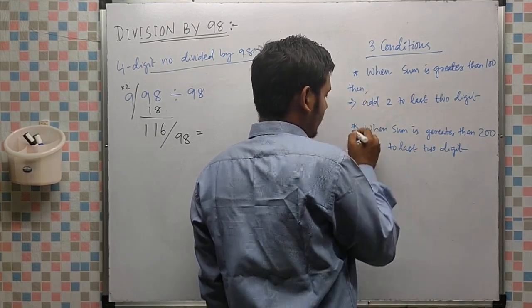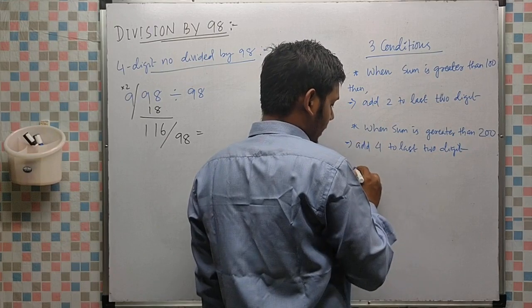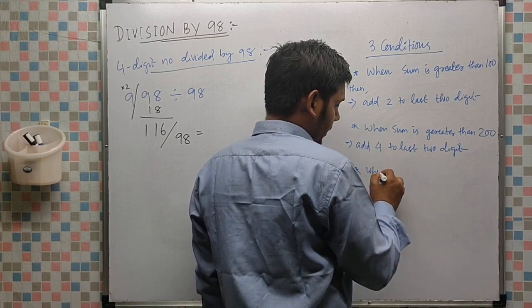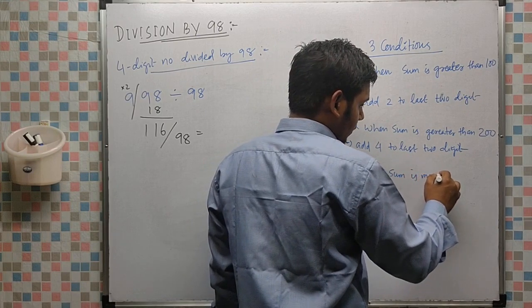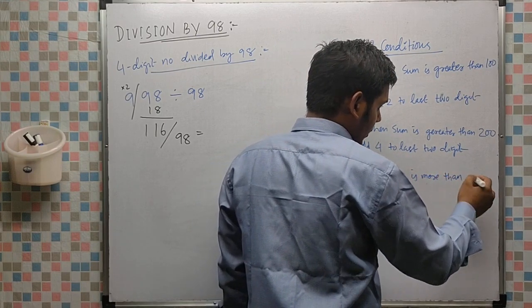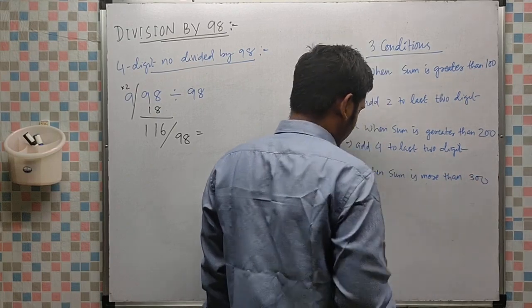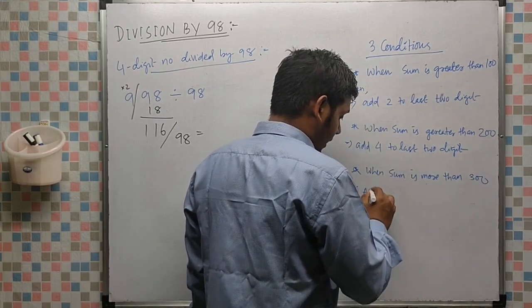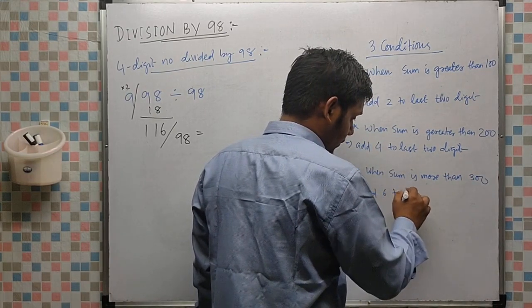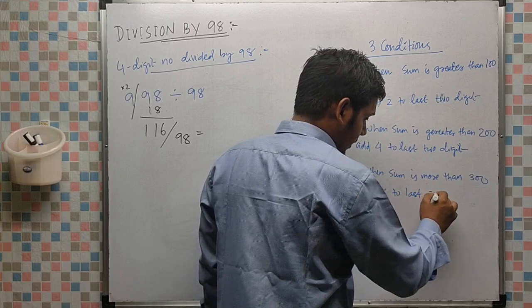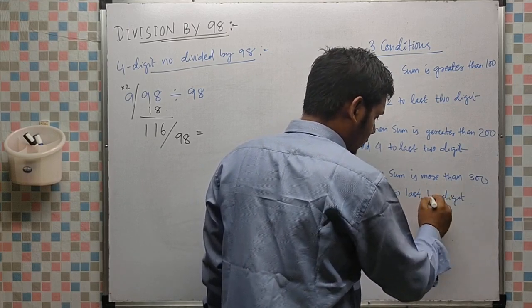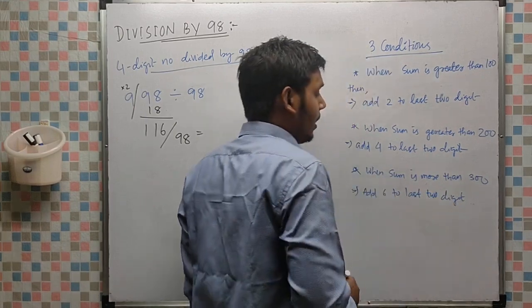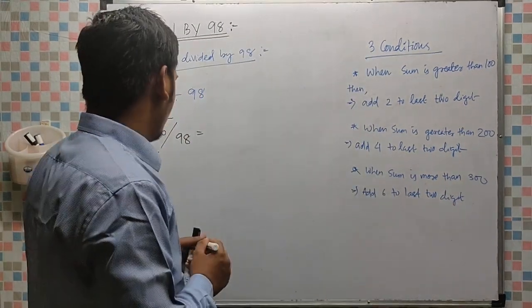This is the method. And third point: when the sum is more than 300, add 6 to the last 2 digits.